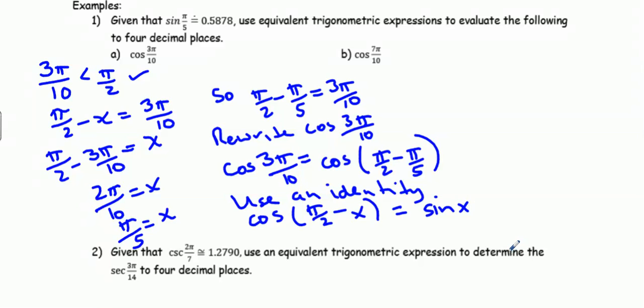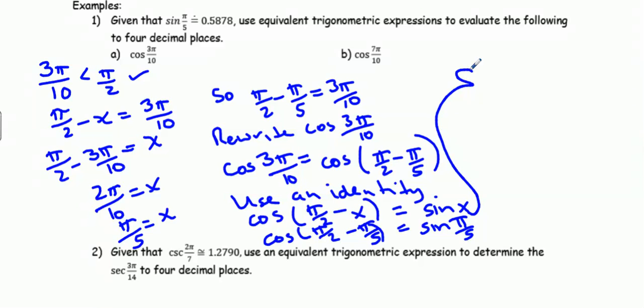That's one of your identities. Okay? So then, what I now know is this is the cos of pi by 2 minus pi by 5. If I put pi by 5 in here, that's got to be equal to the sine of pi by 5.